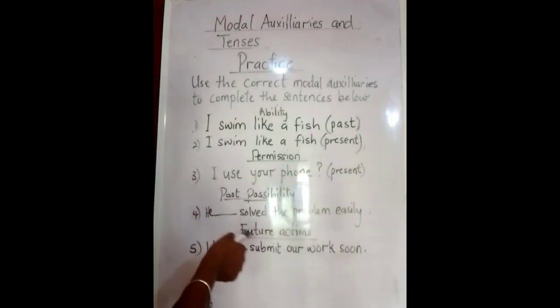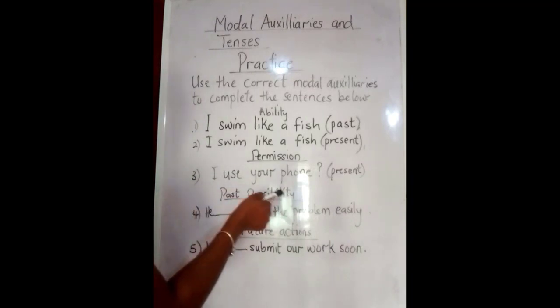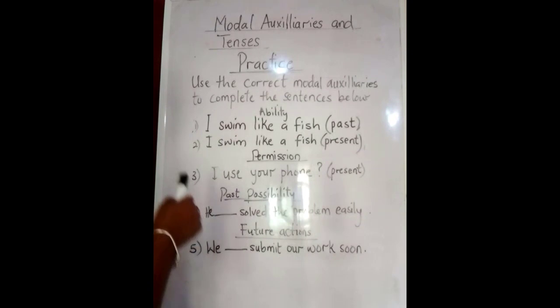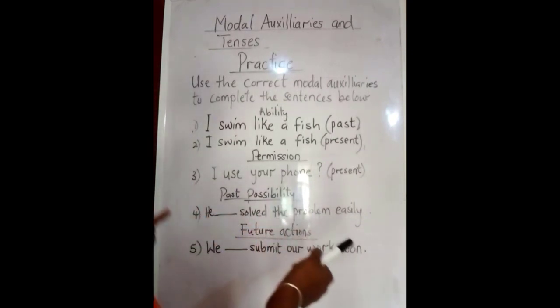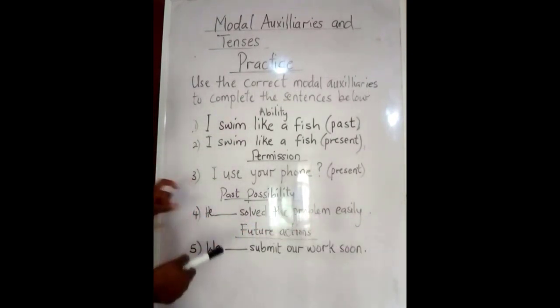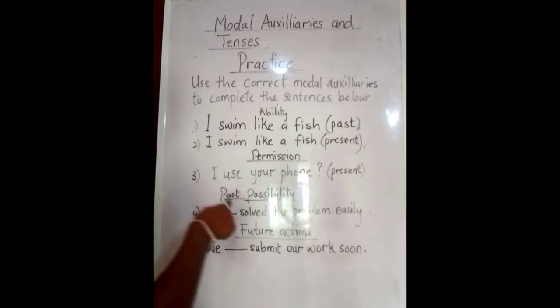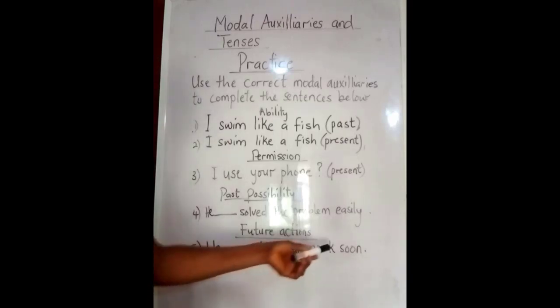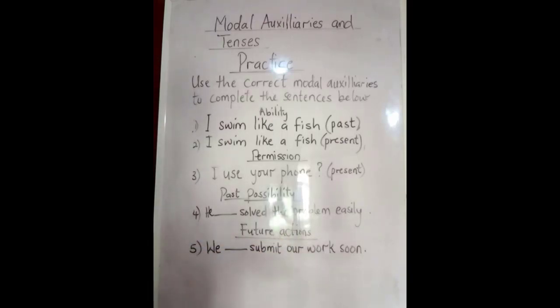And then the number 4 expresses past possibility. So you slot in the correct modal auxiliary to show that. And the last one here, it shows the future action. So you fix in the correct modal auxiliary that will show that this is an action in the future.